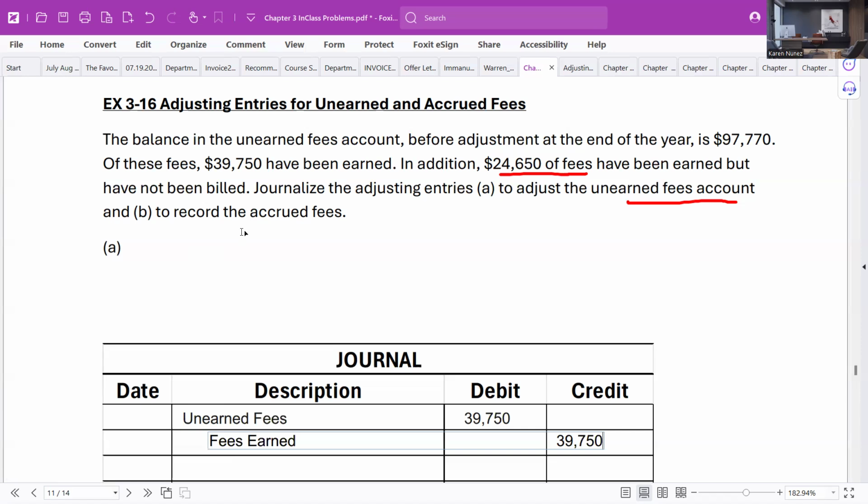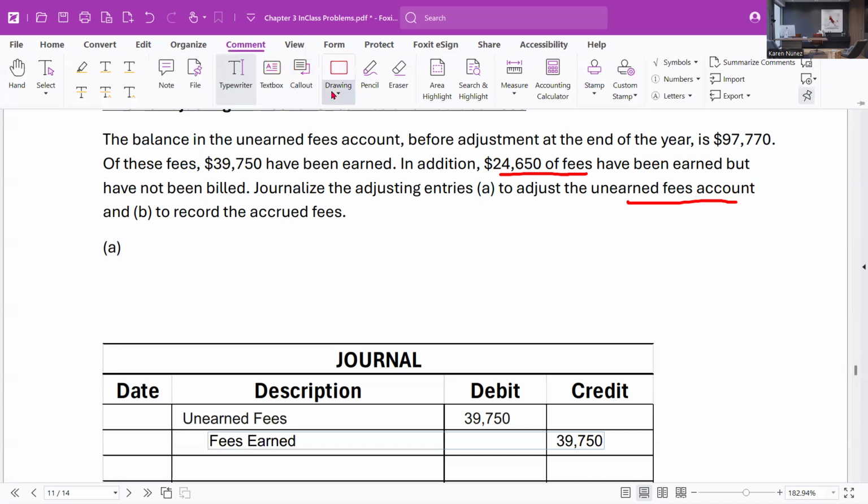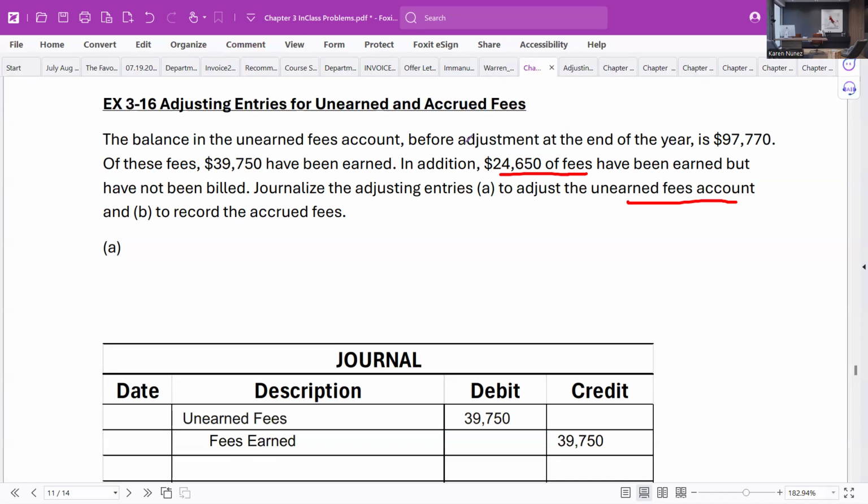In B, we're now going to move to an accrual. We need to accrue fees. Fees that have been earned but not yet billed. So let me just point out here, because this is two problems in one, and they are two different problems.